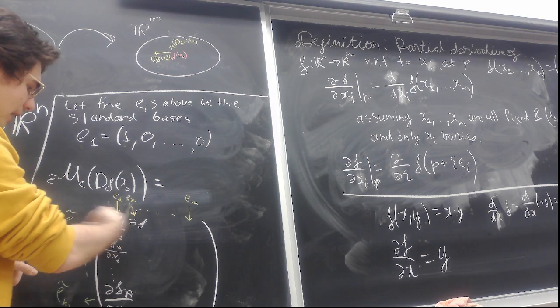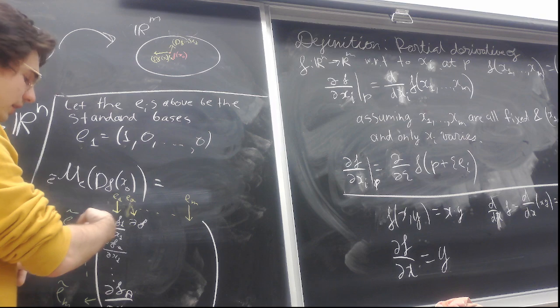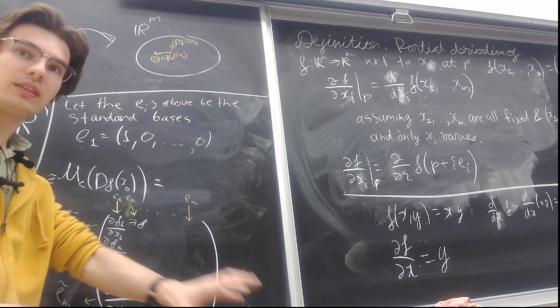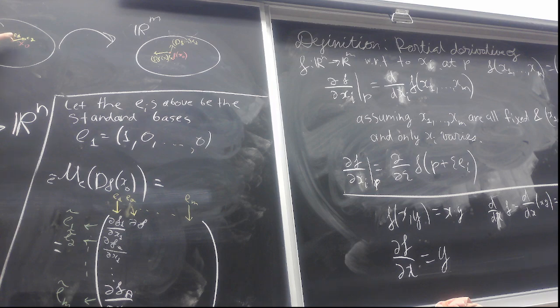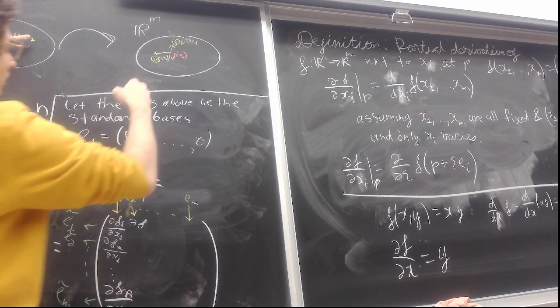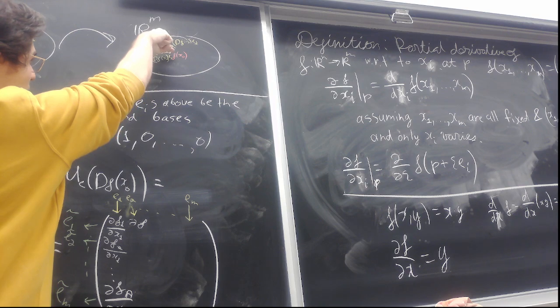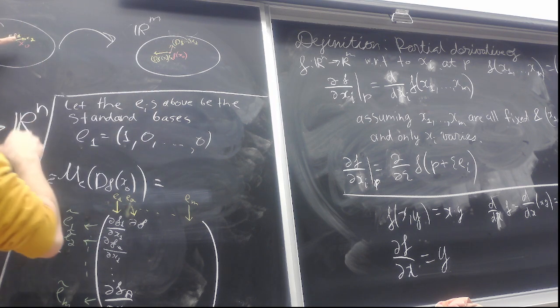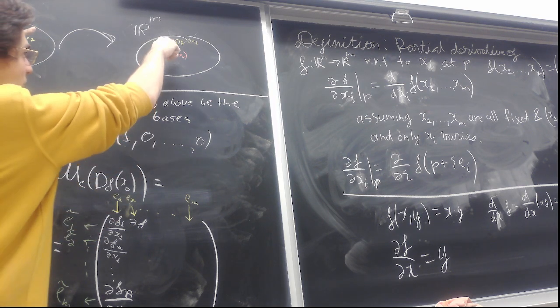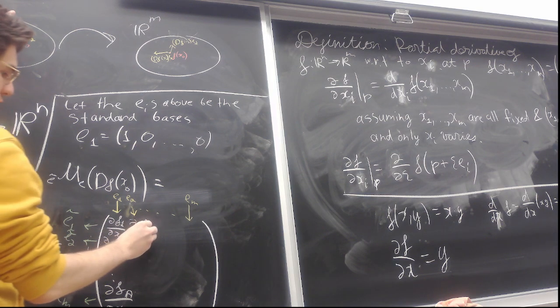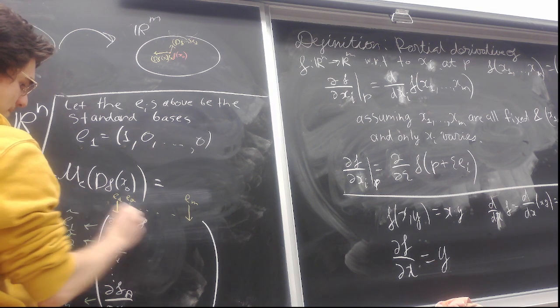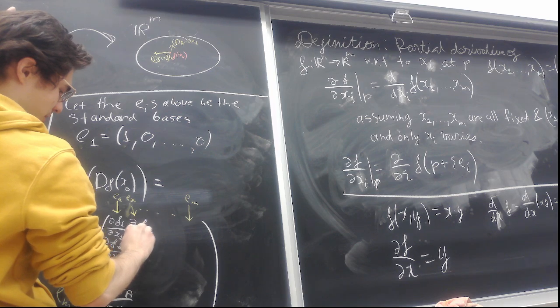And this is the output, how much I'm moving in the direction u1 in the target space. So this is saying that if I move this way here, how would that correspond to moving a little bit in this direction? How much, if I moved this way, would I move in the direction e1? So this would be partial f, which one? F1, partial x.